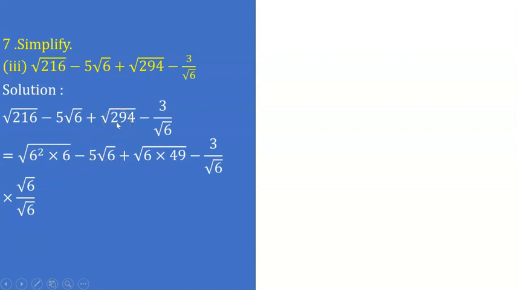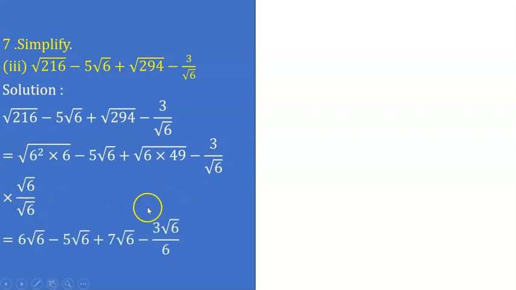Root of 294 can be written as root of 6 into 49, minus 3 upon root 6. Multiply this number, that is 3 by root 6, numerator and denominator by root 6, and therefore minus 3 by root 6 into root 6 upon root 6.